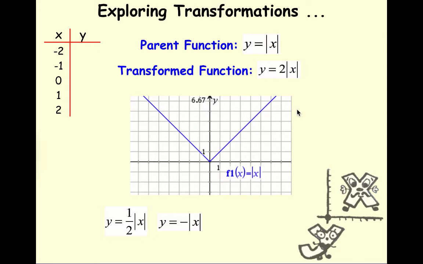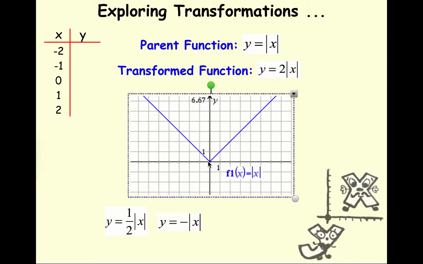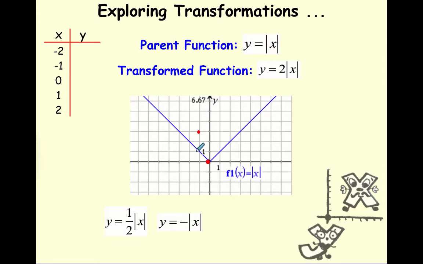And if we look at the points in comparison to where they are in the original function, it's like these two. So this is 1 unit from the x-axis. So I'm looking at this value of x. For the parent function, it was at -1, 1. But for this value, it's at 2.